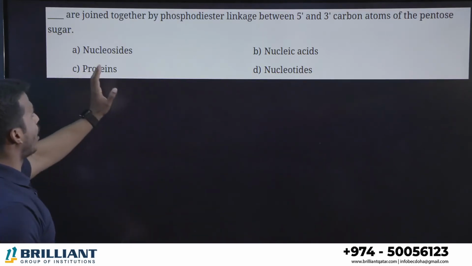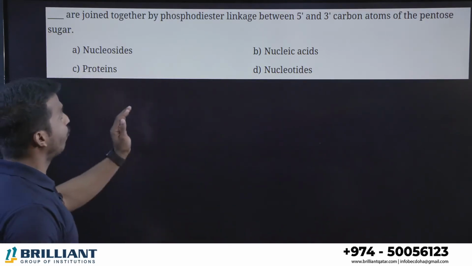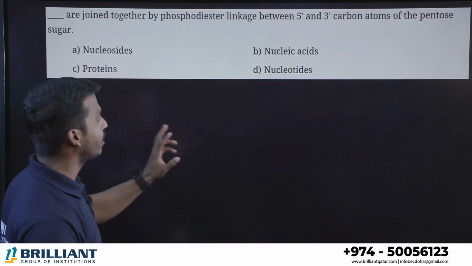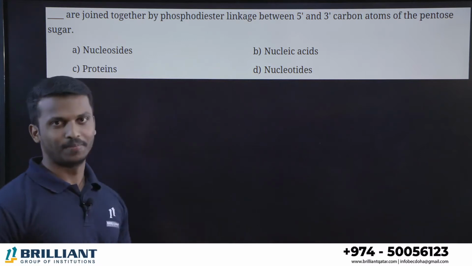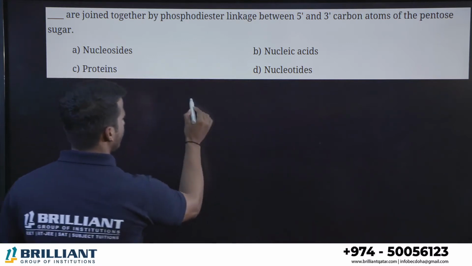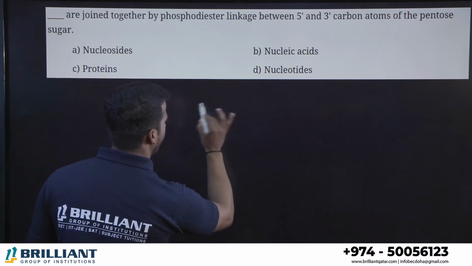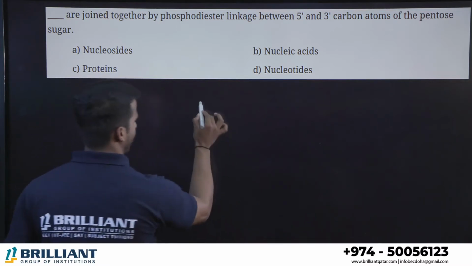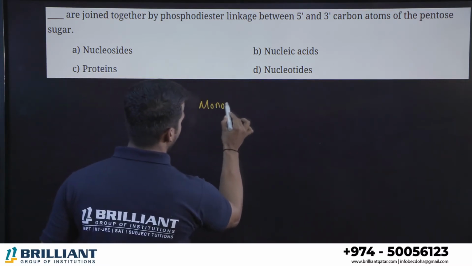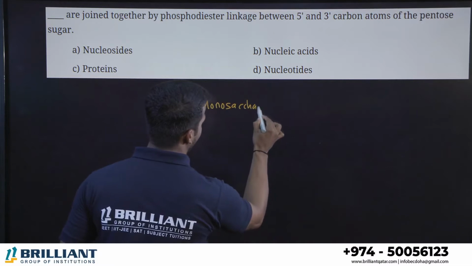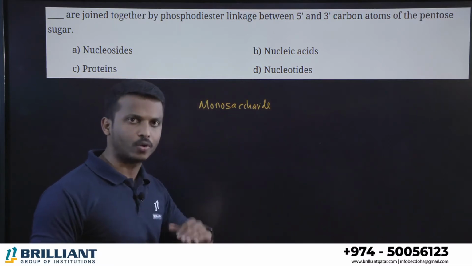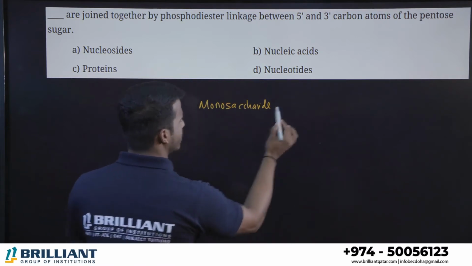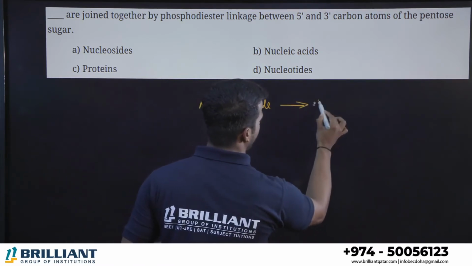Here we have the next question. Dash are joined together by phosphodiester linkage between the fifth and third carbon atoms of the pentose sugar. You may have studied that between two monosaccharides, for example, glucose and glucose, glucose and fructose, like that, what type of force is present?